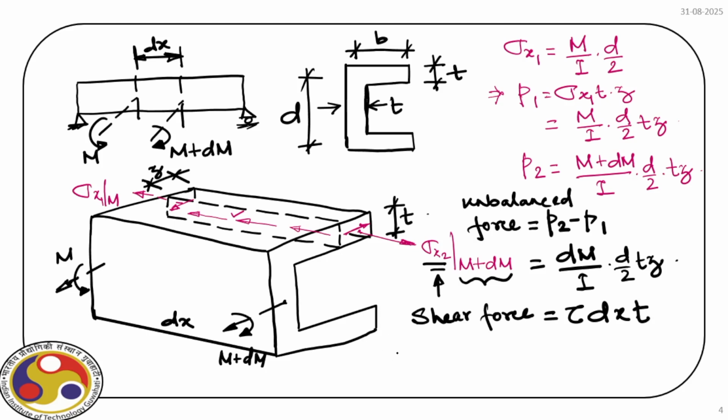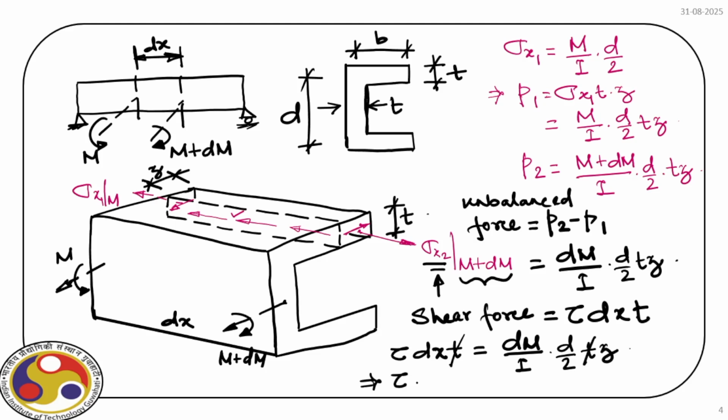Obviously, these two should balance each other, so we get tau dx times t is equal to dM by I times d by 2 times t times z. So the t gets cancelled.